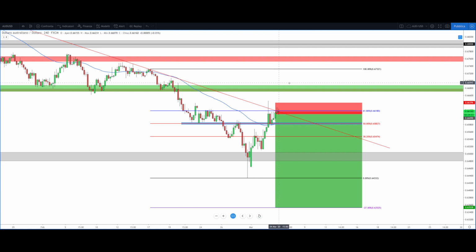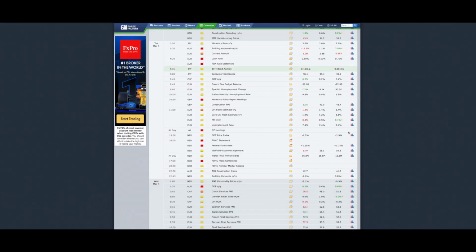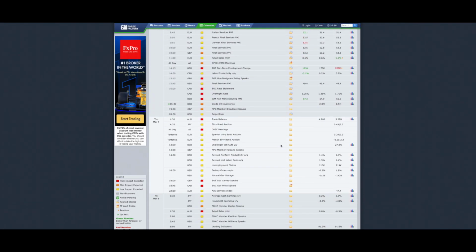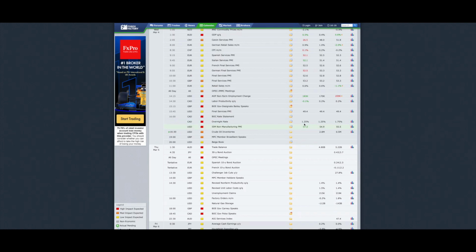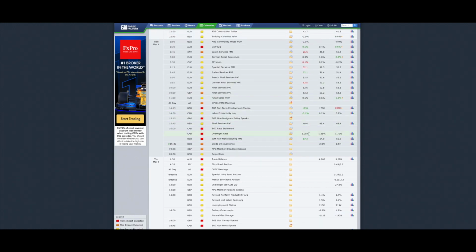And to finish, guys, we need to carefully watch the economic calendar. With this news today, the Bank of Canada has reduced the interest rate, making a cut from 1.75 to 1.25.